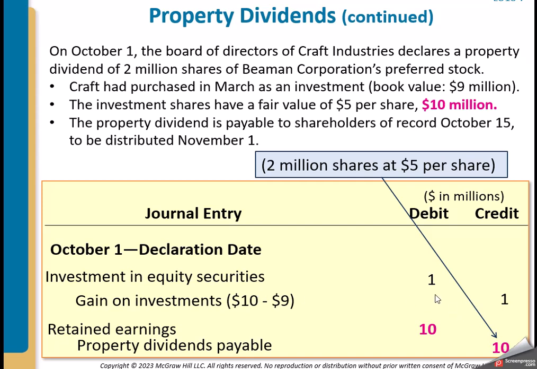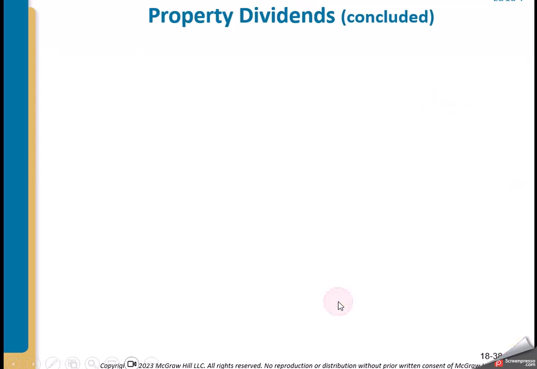In this case, they have it on their books for 9 million. On the day that they choose to give it out, it's really 10 million. So they first have to record the gain on the investment. Then they can go ahead and pay it out as a property dividend payable. And then that would also get charged out of their retained earnings.